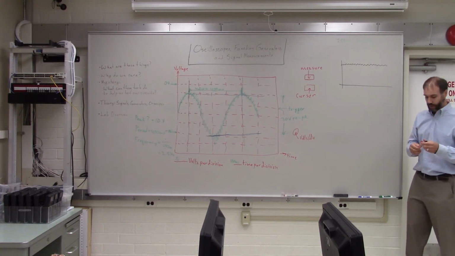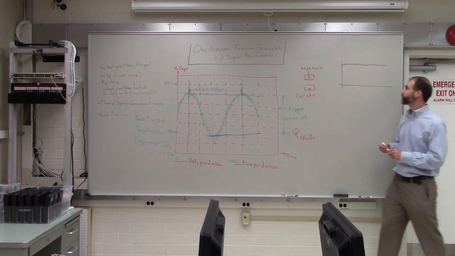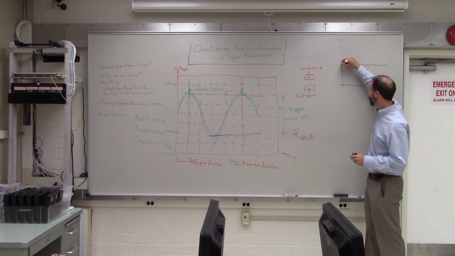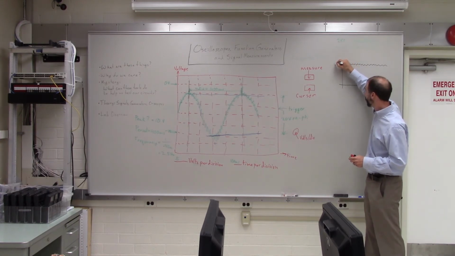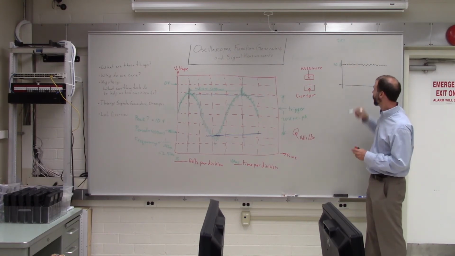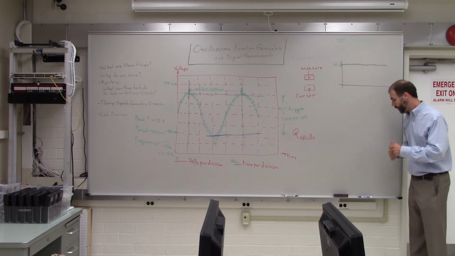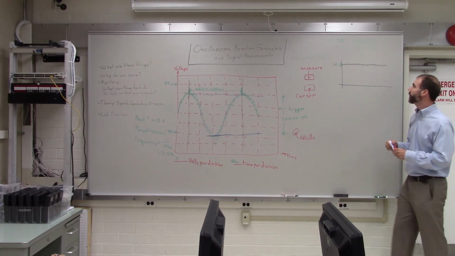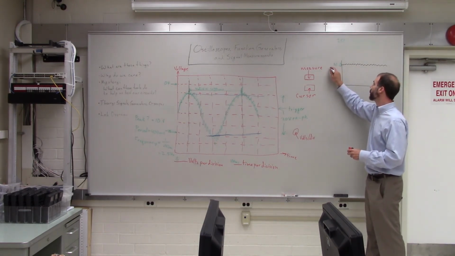So we say that the wiggly part of the signal is the AC part of the signal, and the offset is called the DC part of the signal.